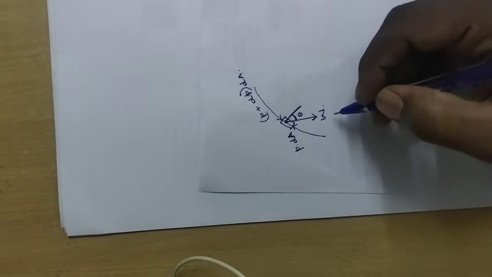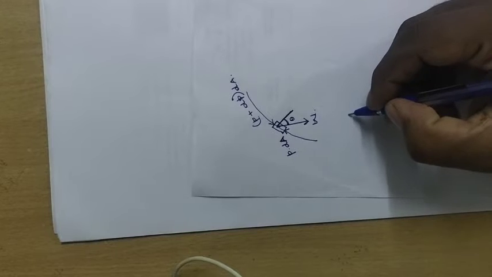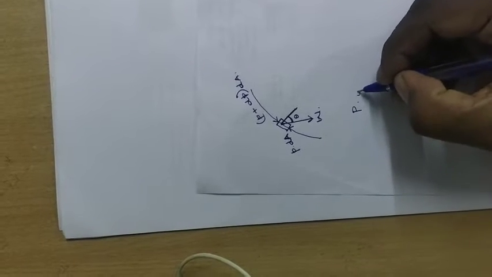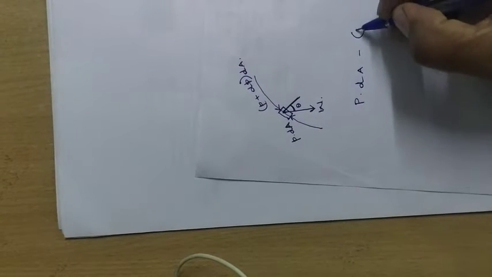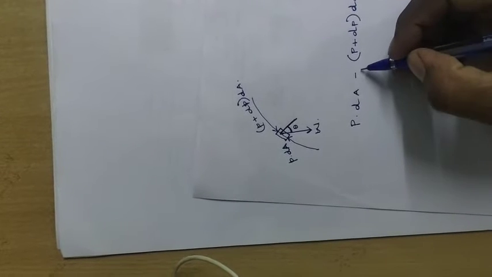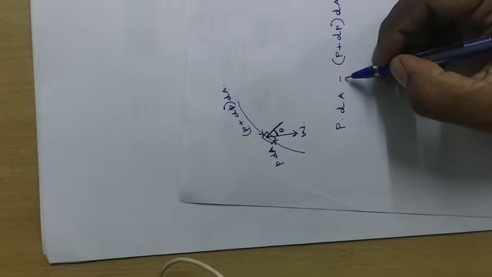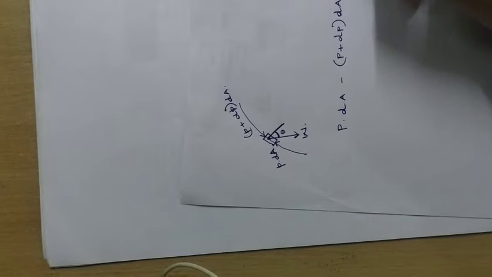So if you solve these forces: P into dA is the acting force, and this is your reacting force. That's why we are using a negative sign, because it is a reactive force. And one more force is acting downward, that is self weight, which becomes W sine theta. Why?